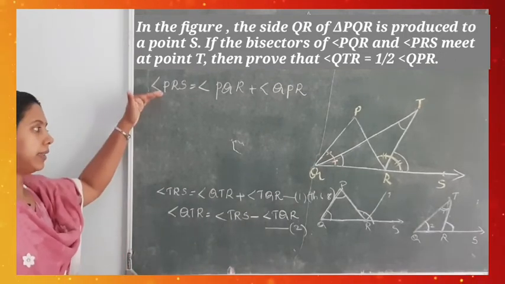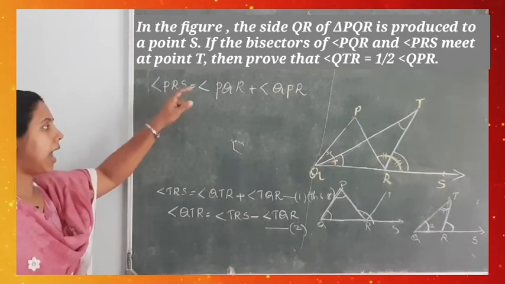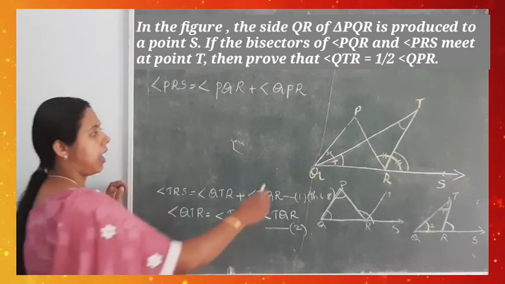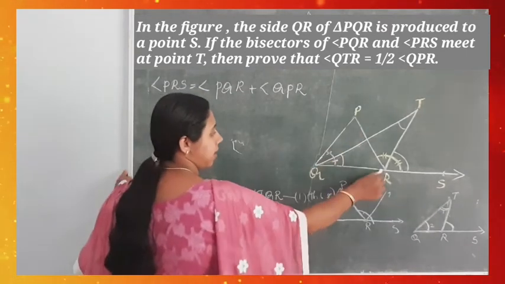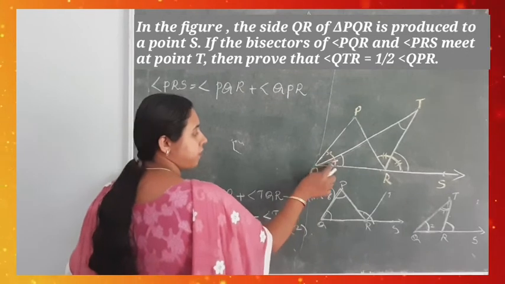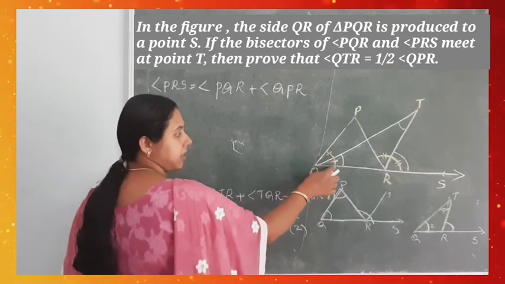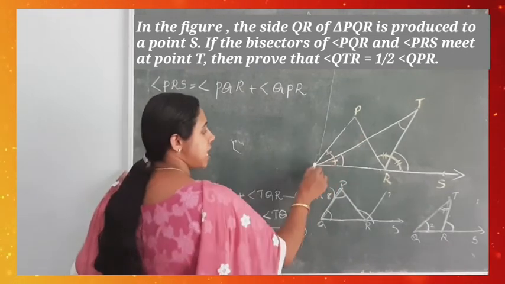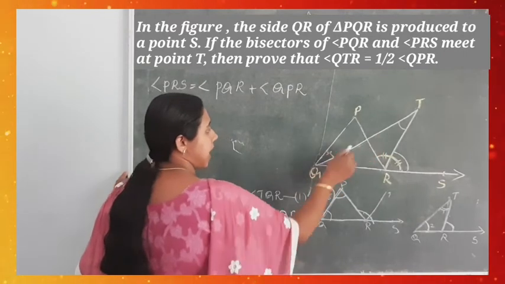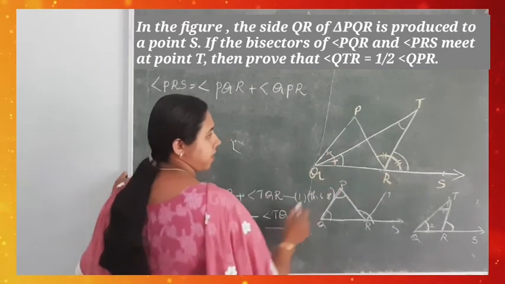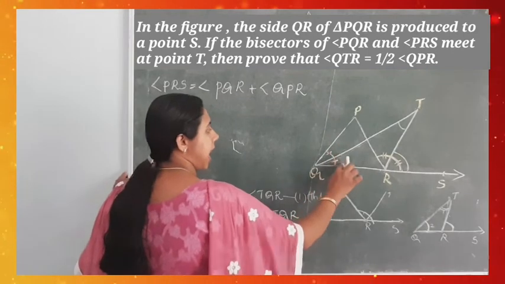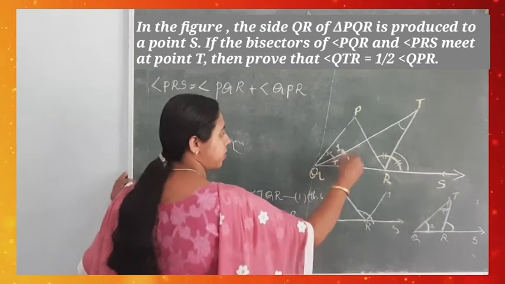And now we know that angle PQR is equal to the sum of these two angles. That means angle PQT plus angle TQR, or you can name them angle 1 and angle 2.